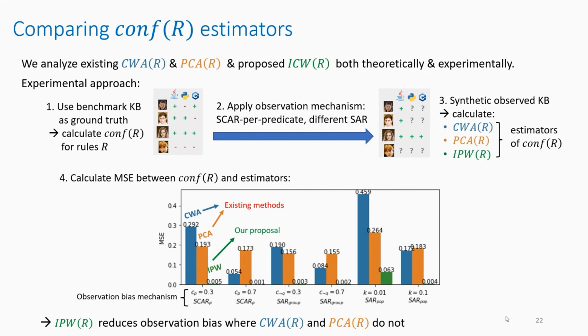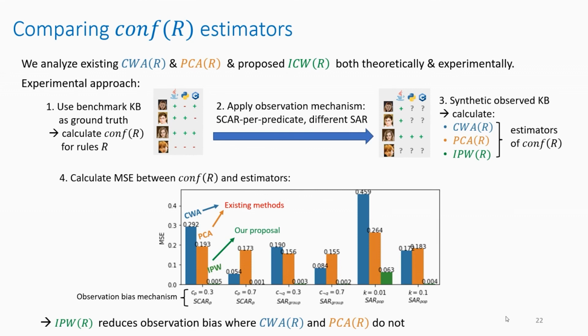And on these synthetic observed knowledge bases, we calculate the confidence estimators, so the CWA, the PCA, and our IPW confidence estimator. And then we calculate the mean square error between these confidence estimators and the true confidence.